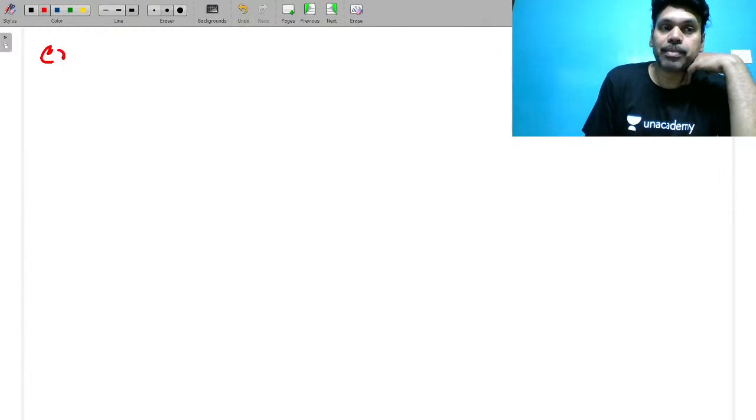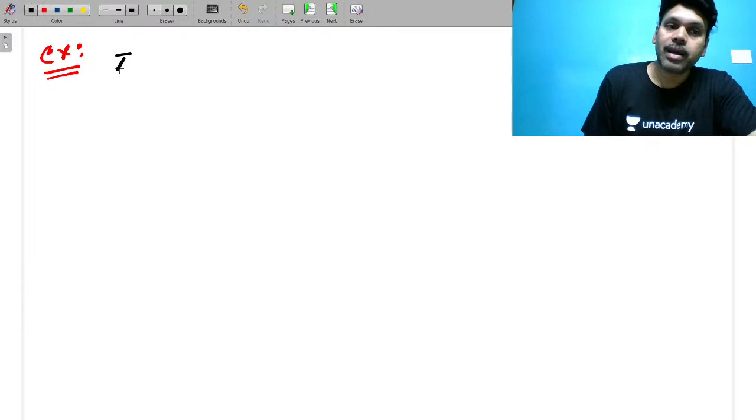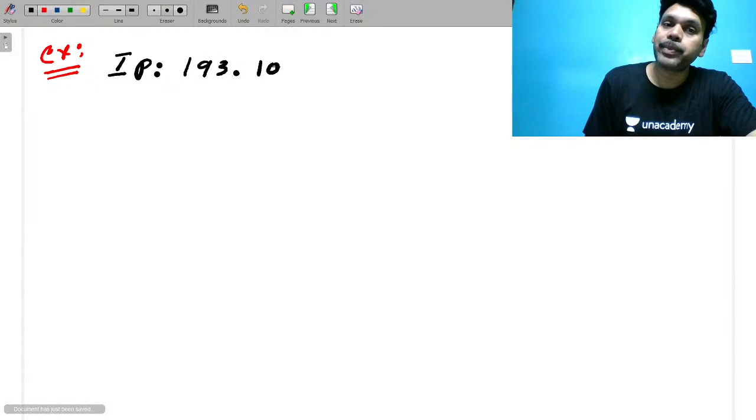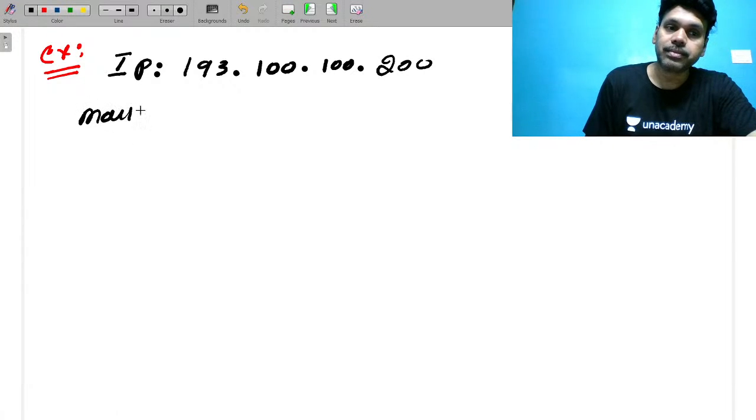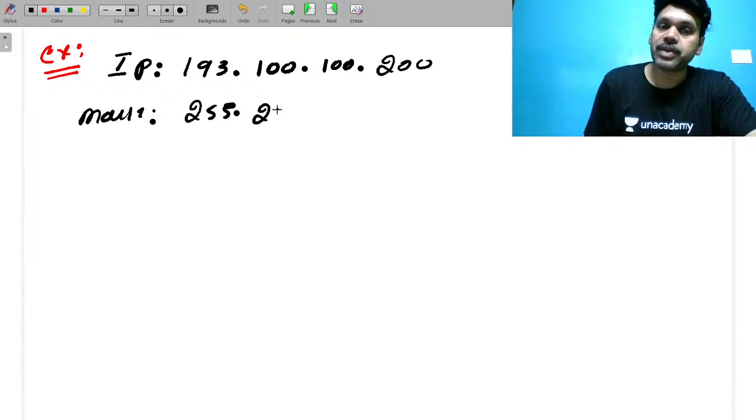So this example is saying the given IP is 193.100.100.200 and the mask is given as 255.255.255.224.